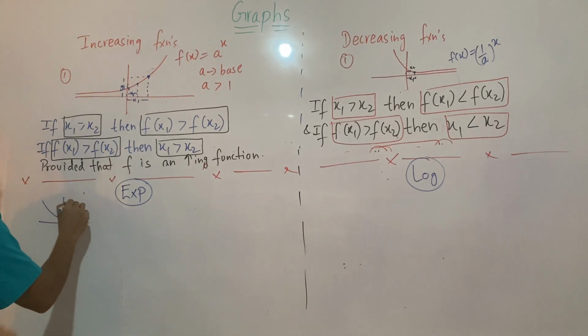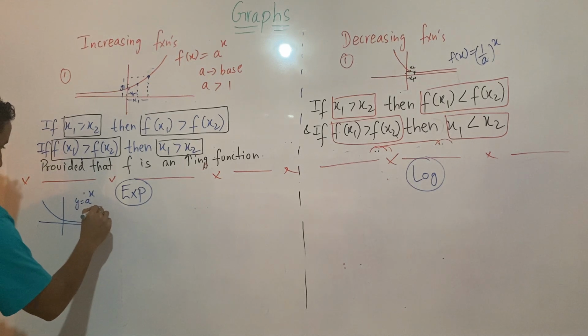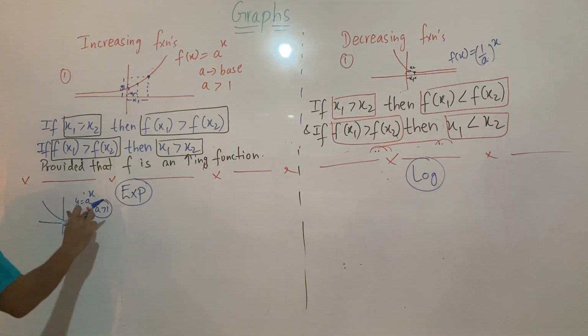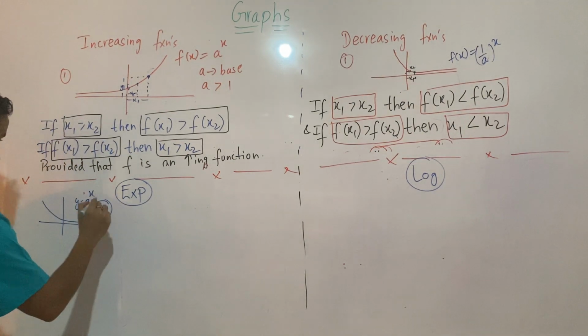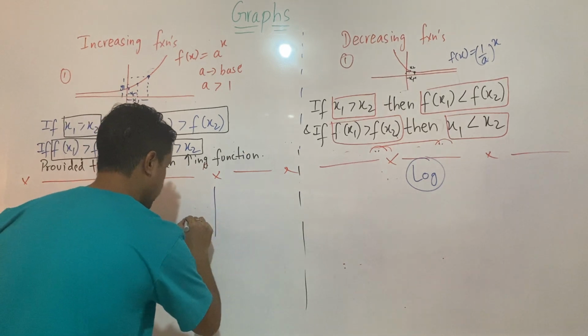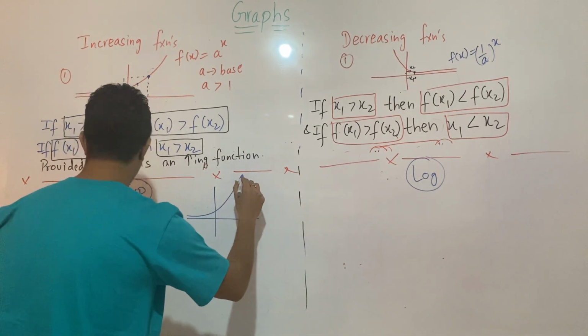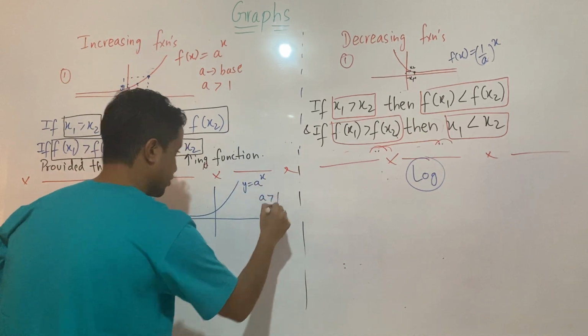This is y equals a raised to x, where a is less than 1, and this is going to be your graph when y equals a raised to x when a is greater than 1.